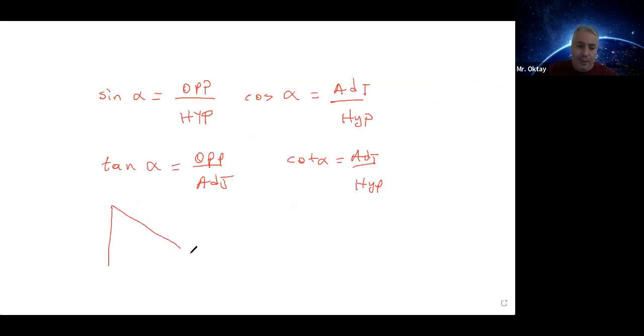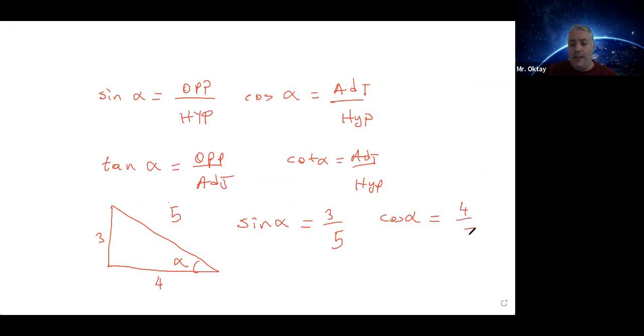Example: 3, 4, 5. This is now alpha. So what is sine of alpha? Opposite of alpha, 3, hypotenuse 5. What is cosine of alpha? Adjacent of alpha, 4, hypotenuse 5.